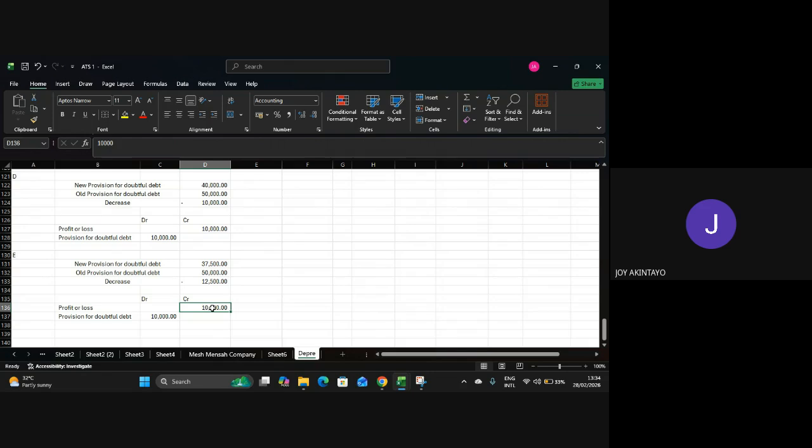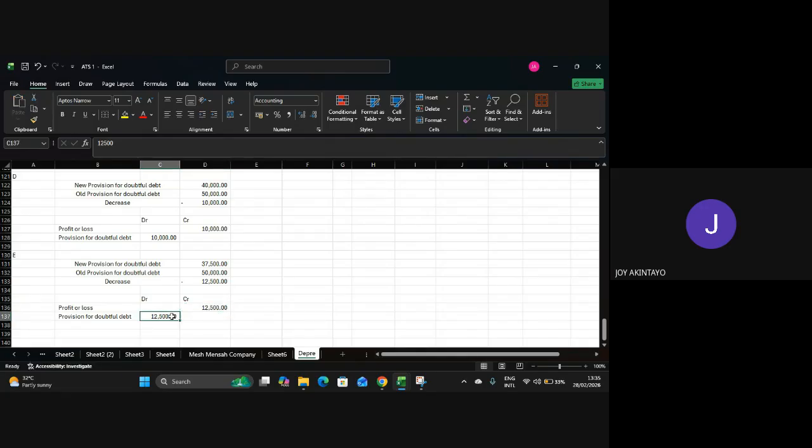So since it's income, any increment we have in our income will always be on the credit side. Don't forget this, please. It's very, very important. While any decrease we have on income will be on the debit side. So we credit our what?